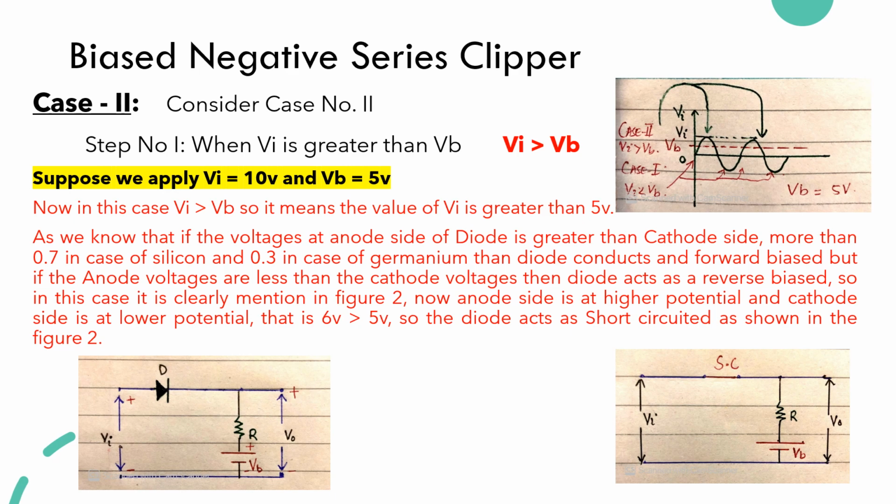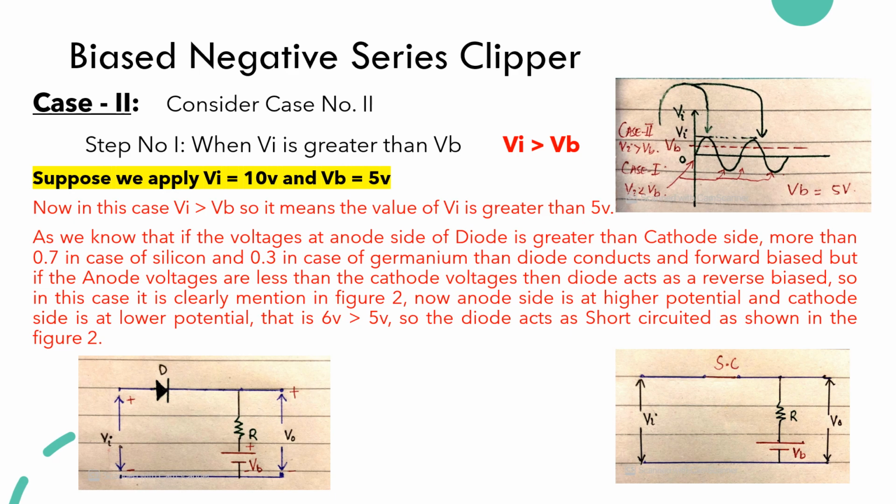So when we apply 6 volts, why do we apply 6 volts? Because Vi is now greater than Vb and Vb is at 5 volts, so we apply 6 volts at the anode side of the diode, and at the cathode side there are 5 volts due to Vb, because due to the positive Vb these 5 volts appear at the cathode side.